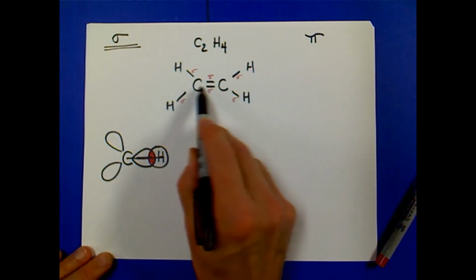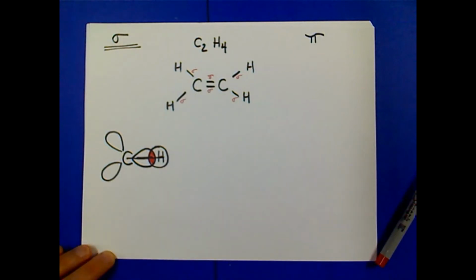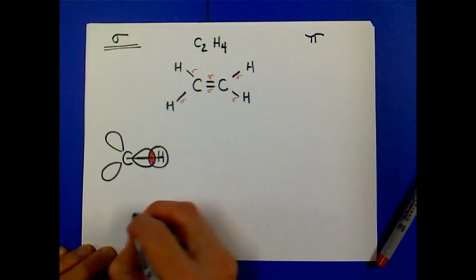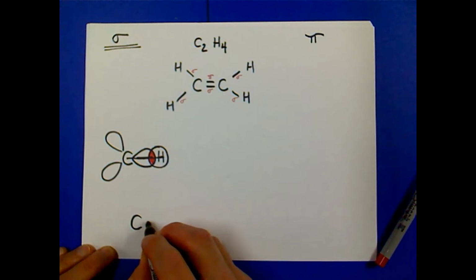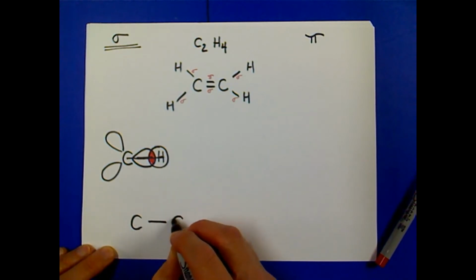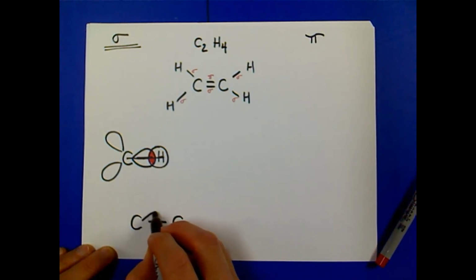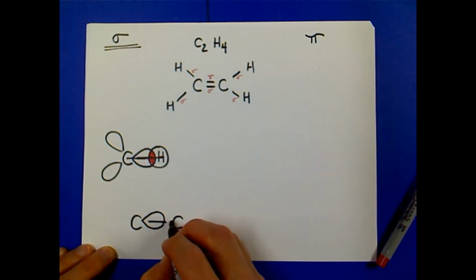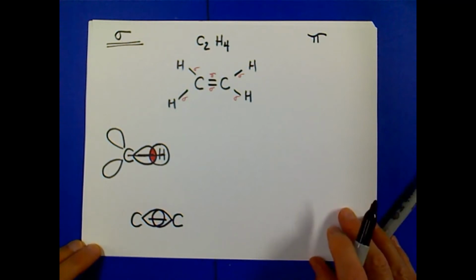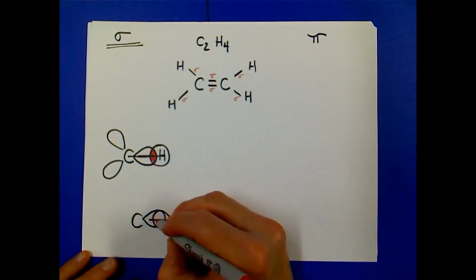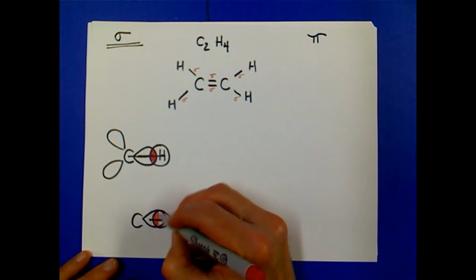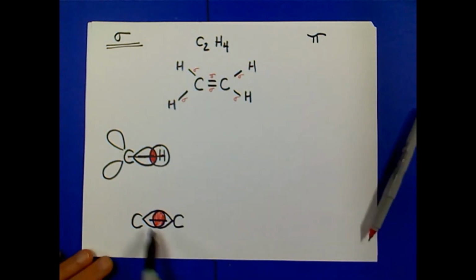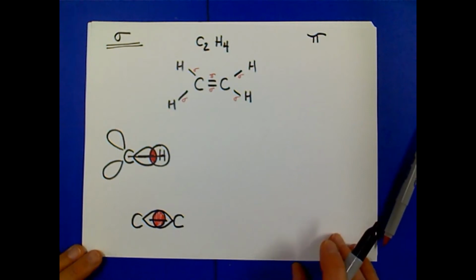Now in this double bond between the two carbons, let's go ahead and draw the first bond between those two. So you've got a carbon and then another carbon. I'm going to draw one of the sp2 hybrids coming off of this carbon over here, and then the other sp2 hybrid coming off of this carbon right here. When you draw both of those, you see that you get significant overlap between the two sp2 hybrid orbitals, and it's that overlap that forms the basis of the bond.